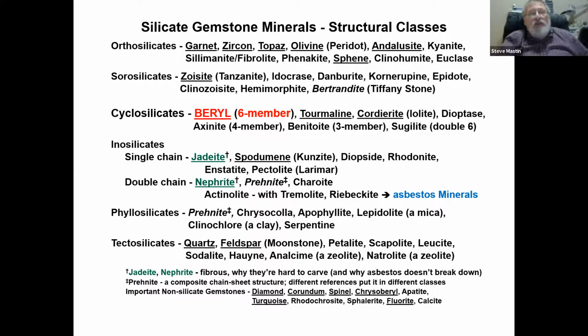And the other one to look at is under the double chain, there's a mineral called actinolite. And there's two very closely related minerals called tremolite and riebeckite. And those are the minerals that make up what we call asbestos. So there are really three different minerals.